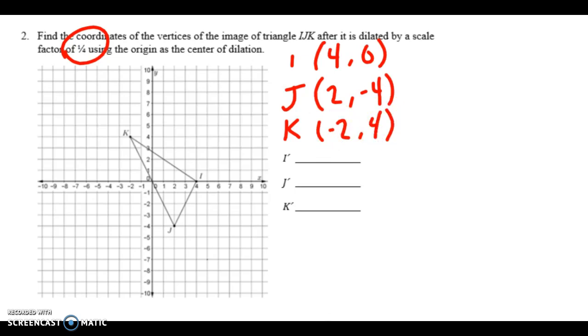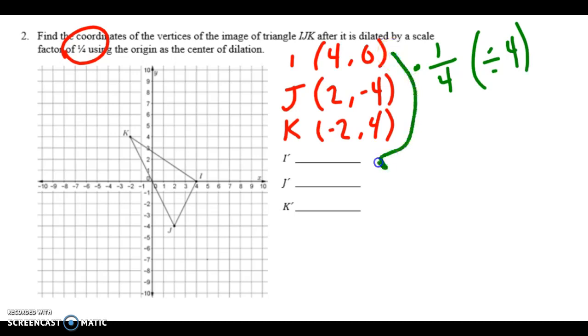Alright, so our scale factor is 1/4. So we're going to multiply this by 1/4, which also means divide them all by 4. Okay, so I prime, we're going to take this 4 and divide it by 4. So I prime is going to become 1, and then 0 divided by 4 is 0.